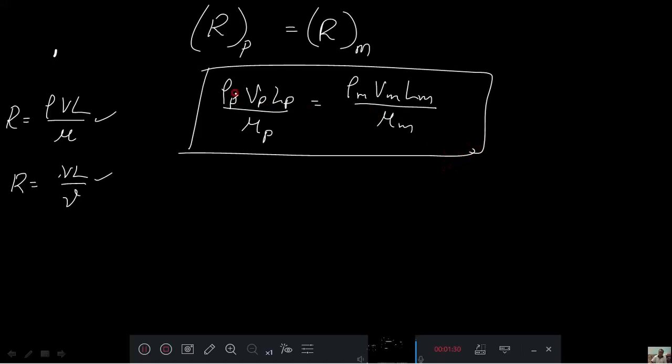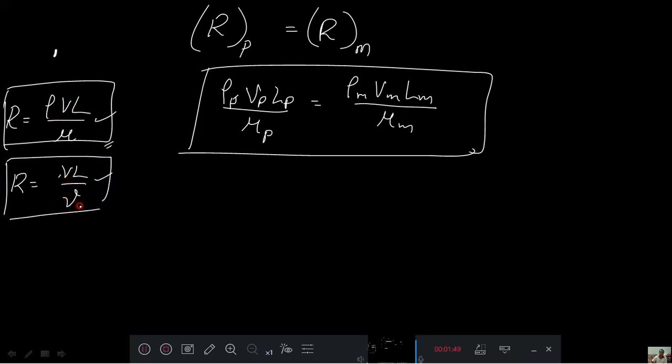In the Reynolds model law, this is the definition of Reynolds number, rho V L by mu, and if you have a kinematic viscosity, then you have V L by nu.